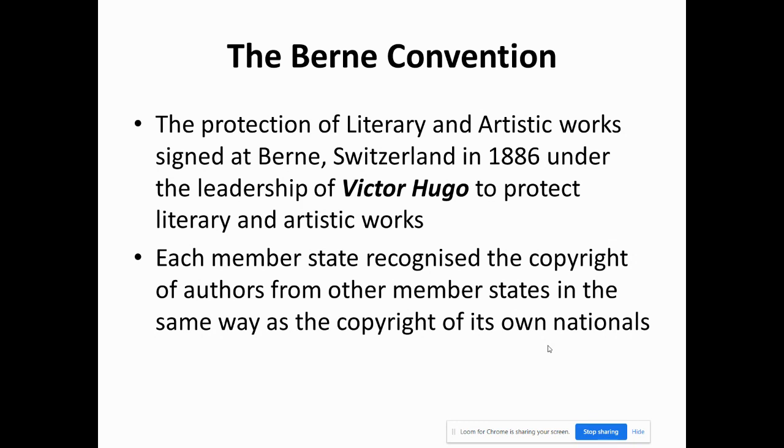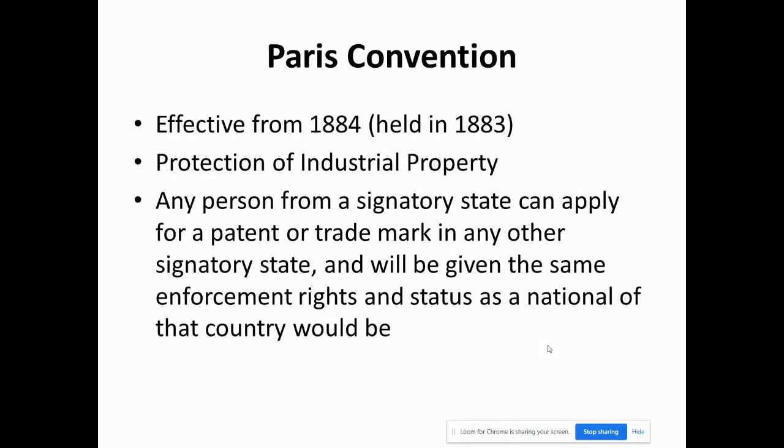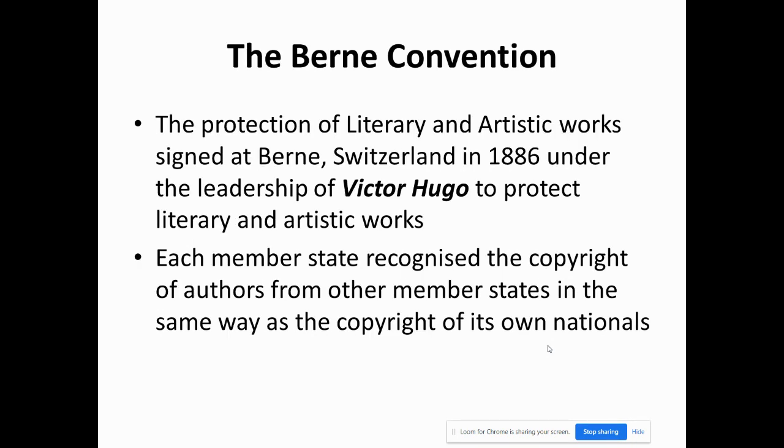If you go back, the Paris Convention was basically for industrial property, whereas the Berne Convention was for literary and artistic work. First they thought of protecting industrial rights, then many realized that apart from industrial rights, we should protect the rights for literary and artistic works, and because of that we had the Berne Convention.